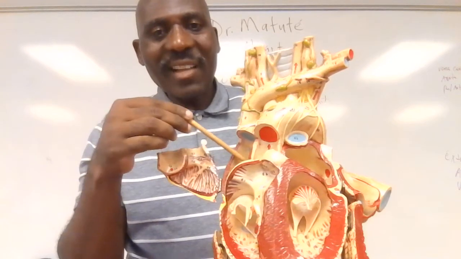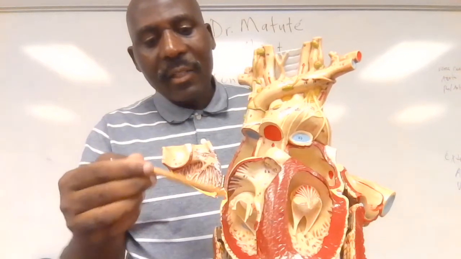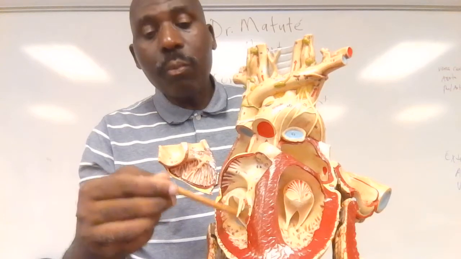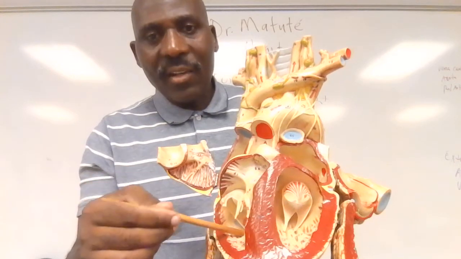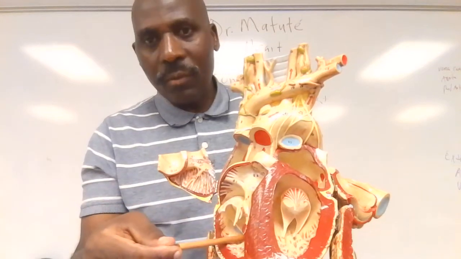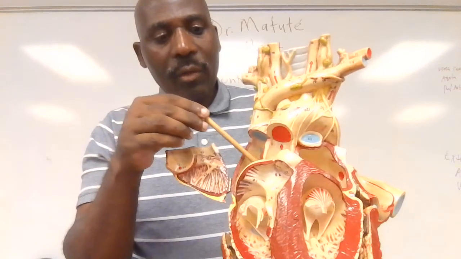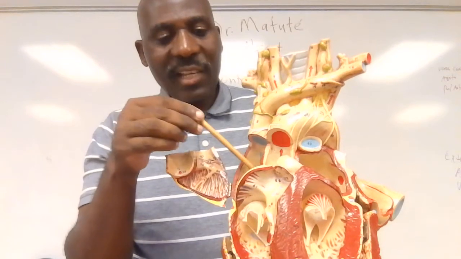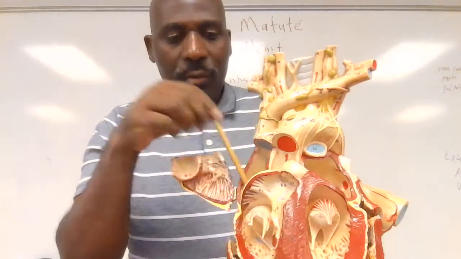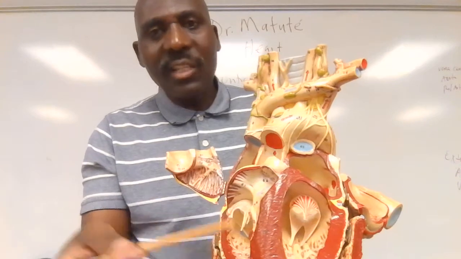Oxygen-poor blood enters the heart via the right atrium, and oxygen-poor blood exits the heart via the right ventricle. So when oxygen-poor blood is received here in the right atrium, that blood is transferred down to the right ventricle, and the right ventricle pumps it out of the heart.